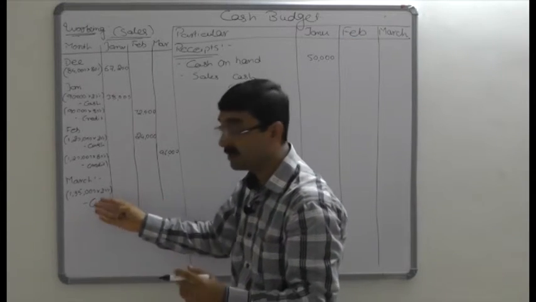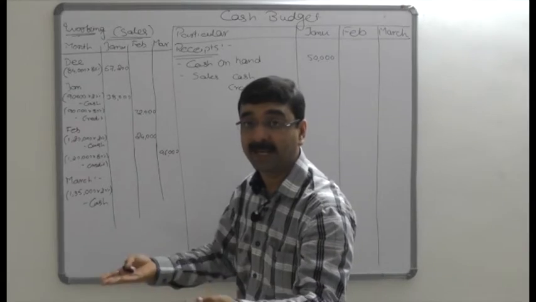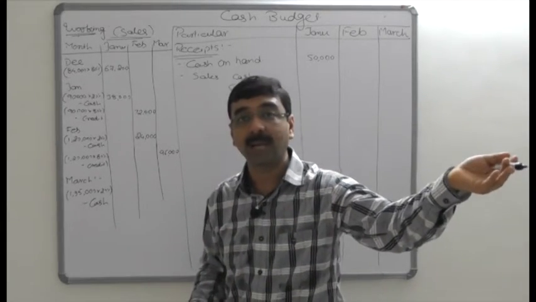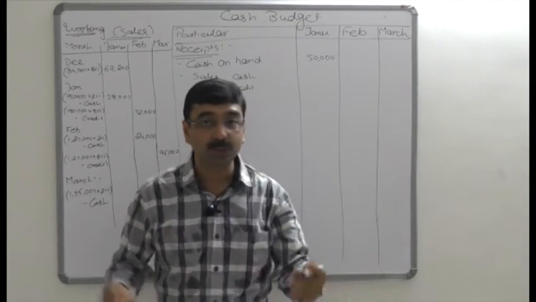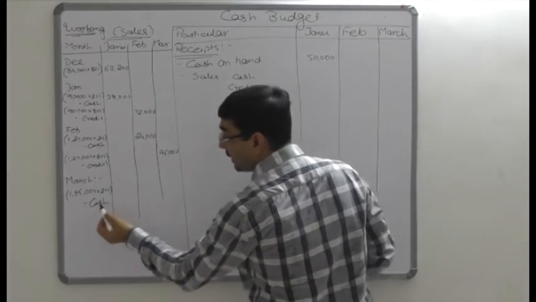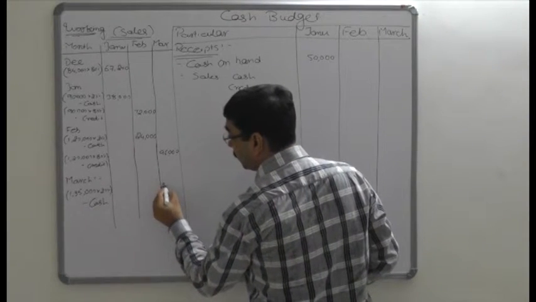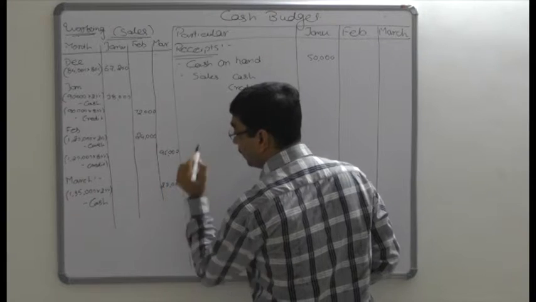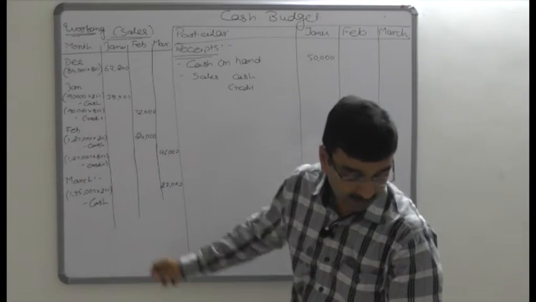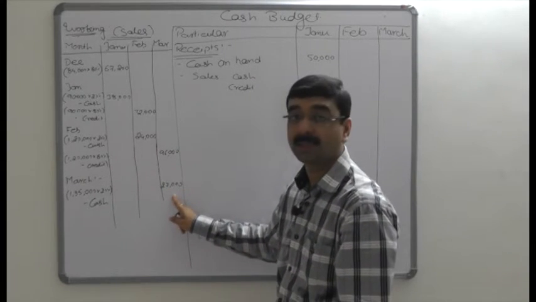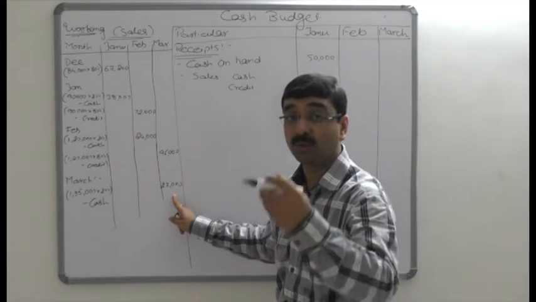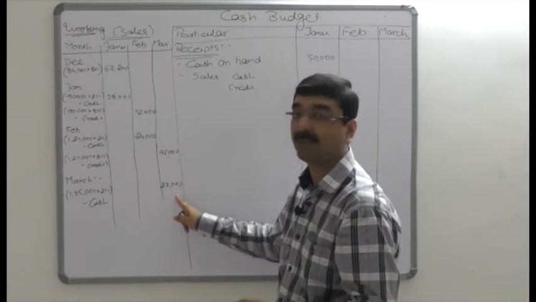So of March sales, 80% is credit, realized in the month of April. April we are not preparing, so we don't need to concern ourselves with that. Only cash sales is required, and it comes to 27,000 rupees. So we have cash sales in the month of March, and the amount would be realized in the same month, that is 27,000.